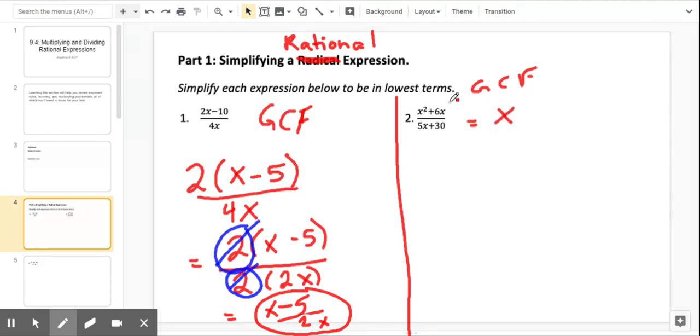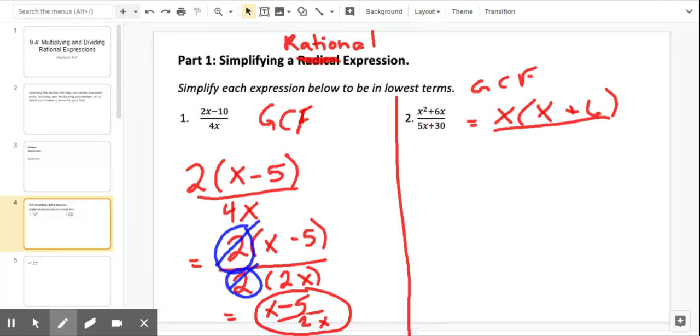We've got x squared, we've got x to the first. When you take an x out of x squared, you're left with x. When you take an x out of 6x, you're left with 6. Now in the denominator, they don't both have an x in common, so we can't factor out an x, but our coefficients are 5 and 30.